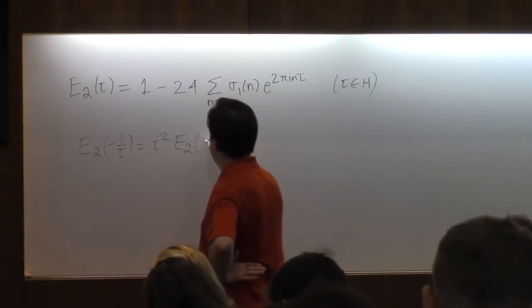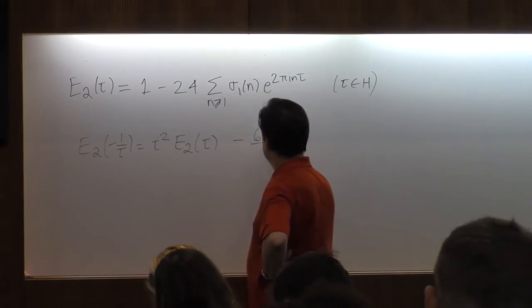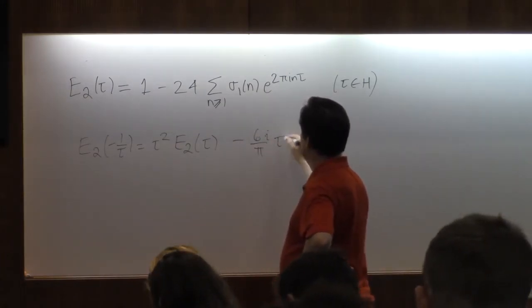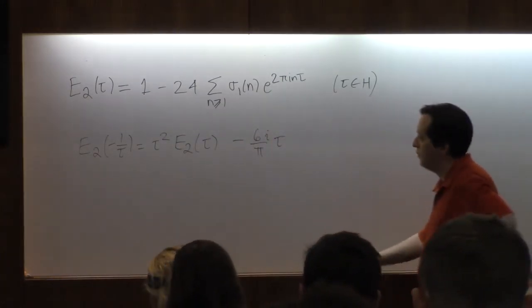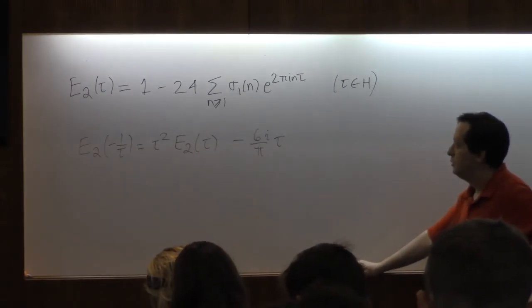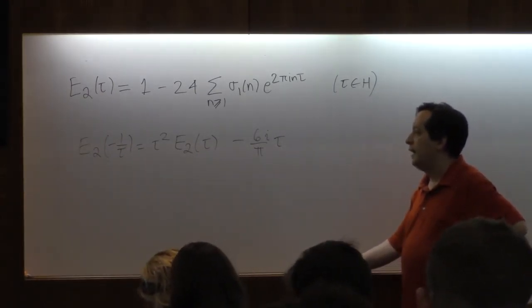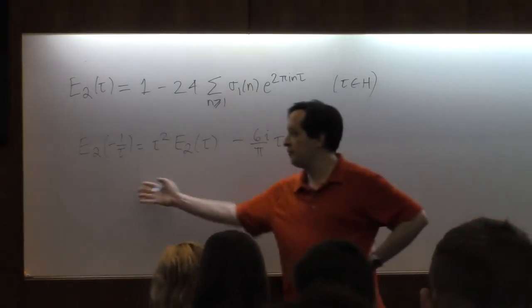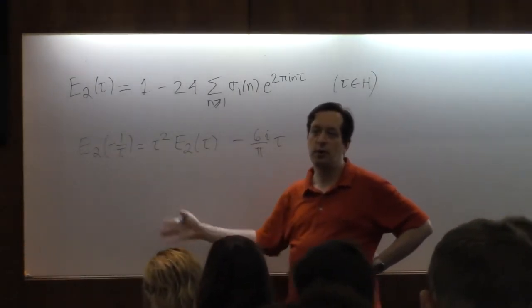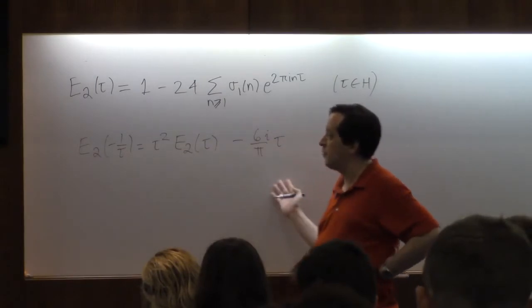I had written down that it's off by this amount. And I mentioned that there was a non-holomorphic function, essentially 1 over the imaginary part, which satisfies the same funky rule.